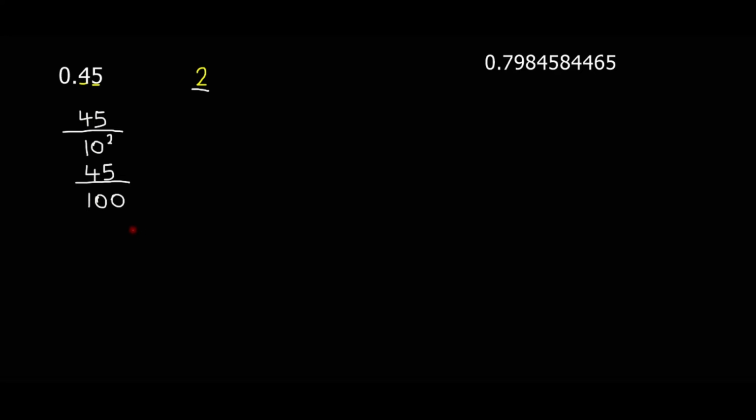But in your test, they actually want your answer in simplified form. So really, this way it's not simplified. But 45 is 9 times 5, and 100 is 20 times 5.